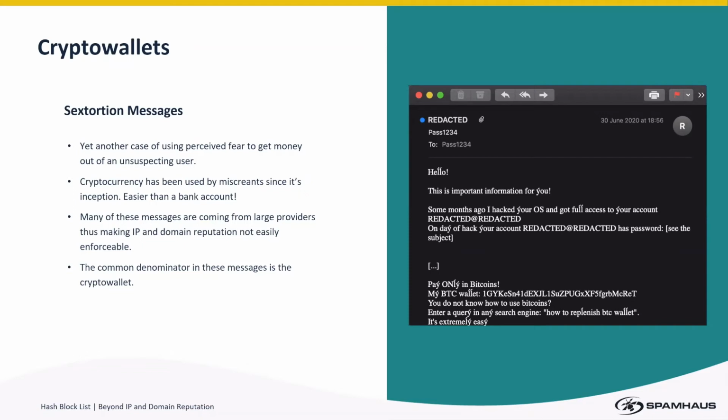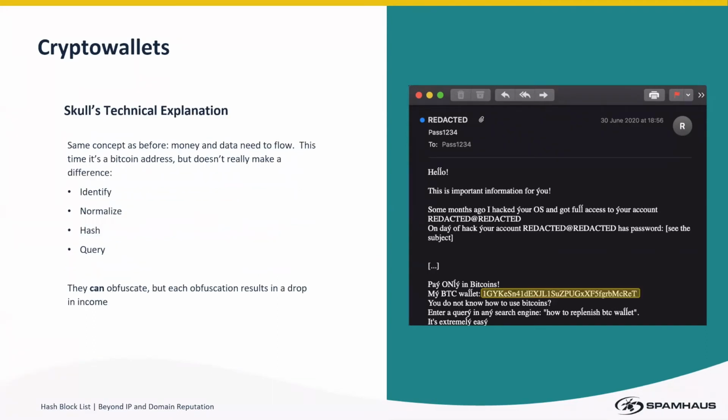So when you're looking at this, the main thing that we can really make a decision on in terms of providing a reputation to one of these types of messages would be looking at that crypto wallet and being able to just assign that and say, okay, this element in this email is the reason why we are assigning a negative reputation to it. So Skull's going to give a little bit more regarding how we were able to build this out. So back over to Skull for a little bit of technical explanation.